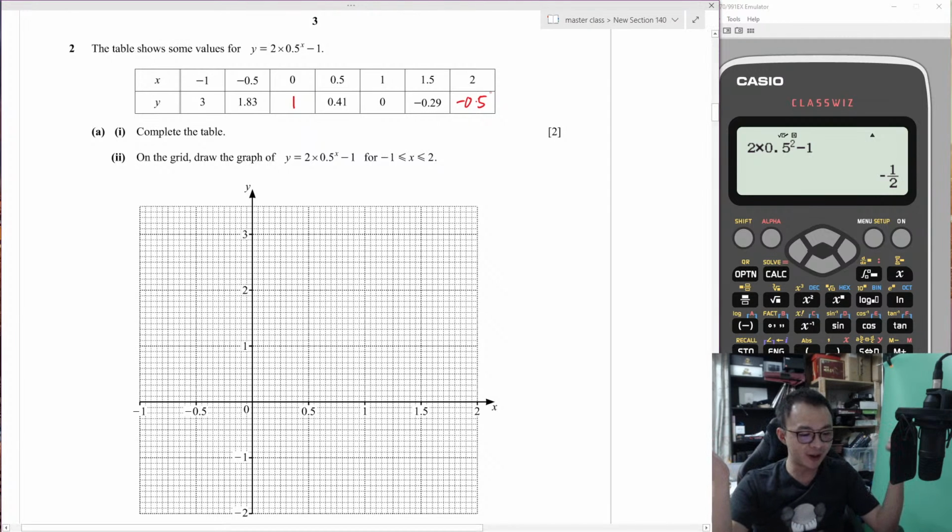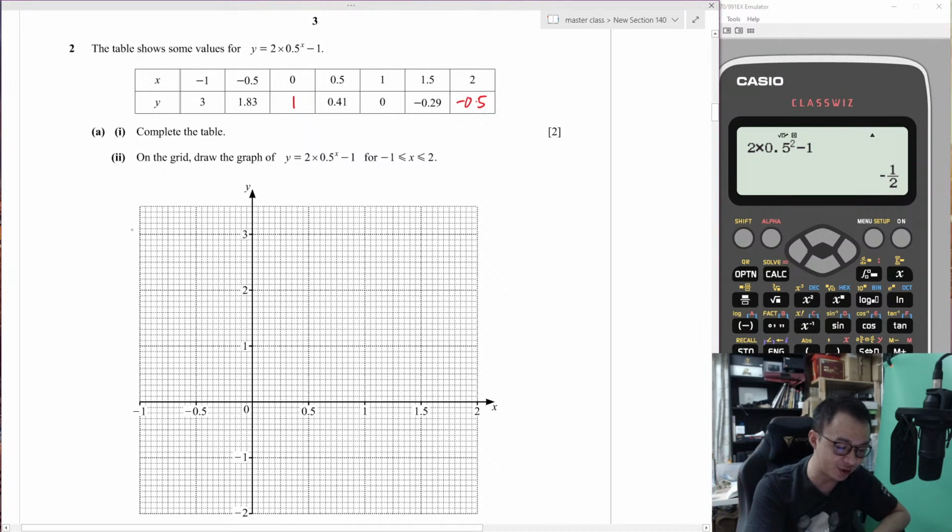Alright, so over here, what we need to do is sketch this graph. Negative 1 at 3, which is here. And negative 0.5 at 1.83, but it is quite hard to see 1.83 here, so I will just place it slightly above 1.8. And 0 at 1. And 0.5 at 0.4 here. And then 1 at 0.